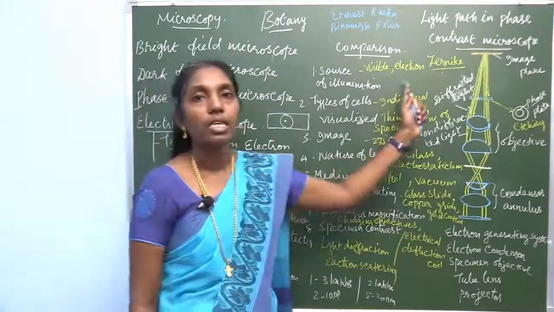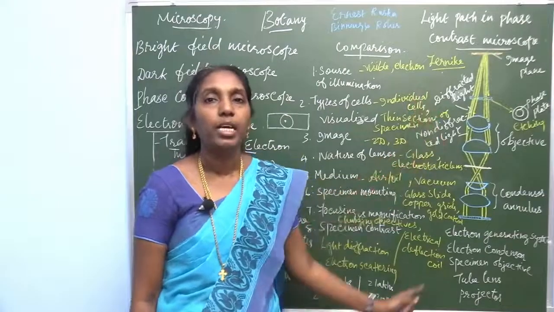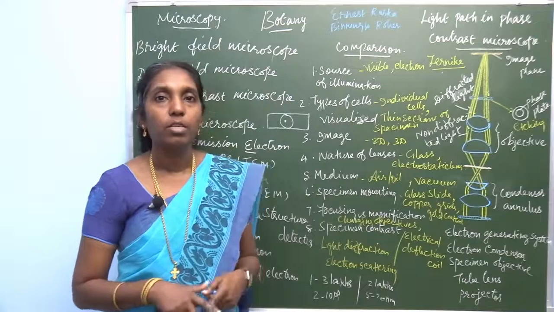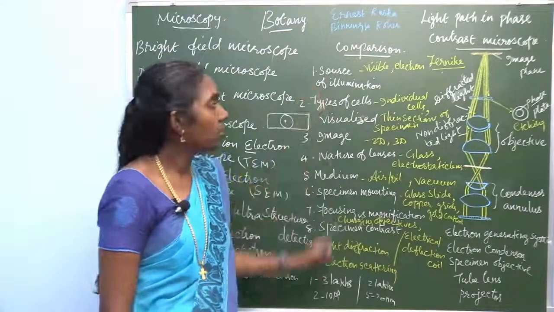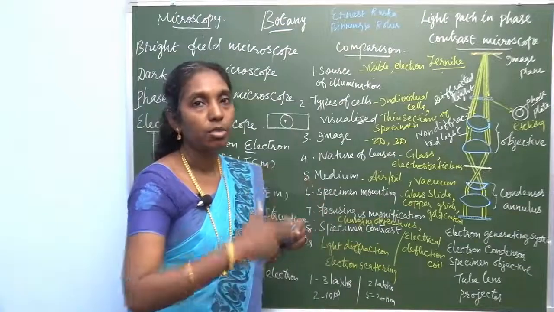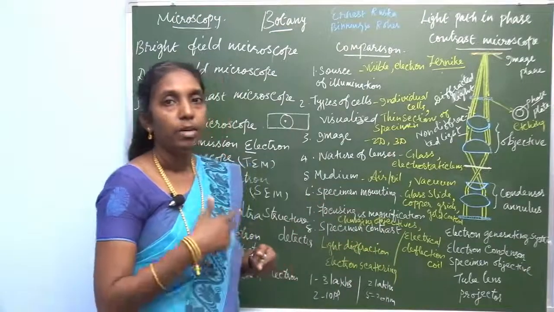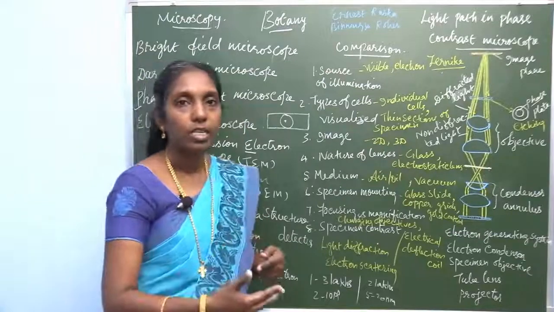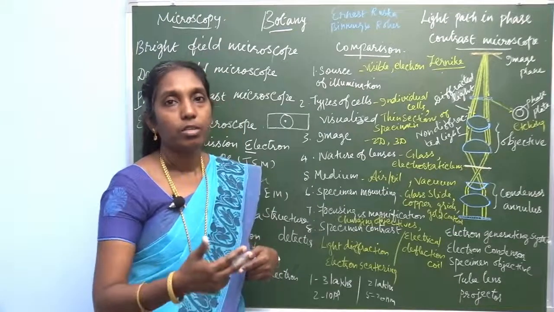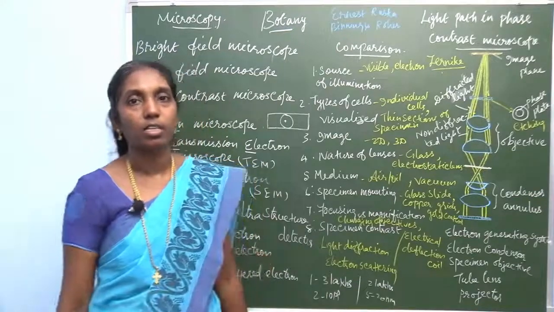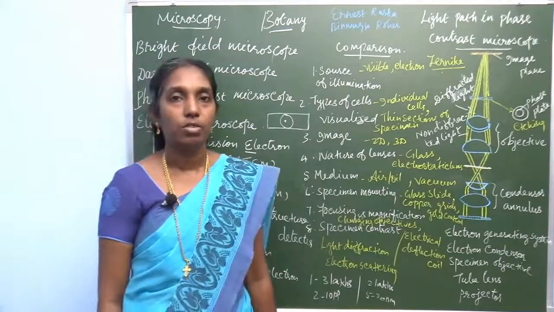Finally, there is a question, comparison of microscopes. There is a table given in your book. First it shows the features of the microscope and all the different types are given: bright field microscope, dark field microscope, phase contrast microscope, electron microscope, under this the transmission electron microscope as well as scanning electron microscope. Learn all these questions well. Thank you.